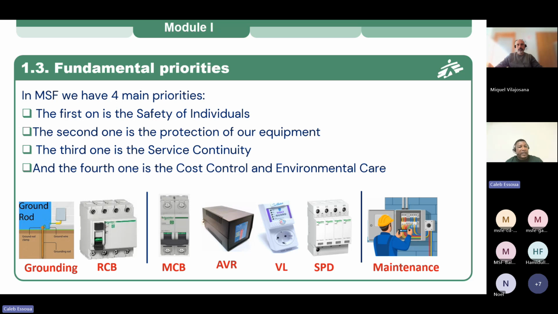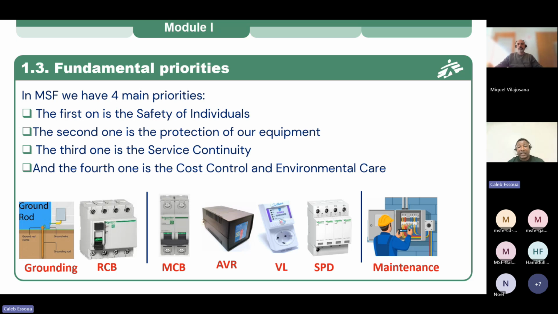The third one is service continuity, which is the protection against service breakdown and failure of the power source. Whatever we do in our project, we have to make sure that we have a proper plan for maintenance to keep the system working. It's the same thing as when you buy a car.